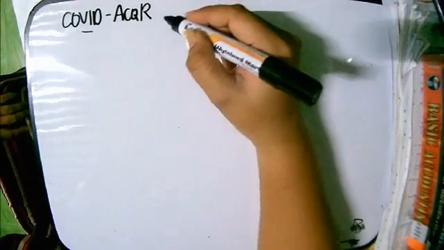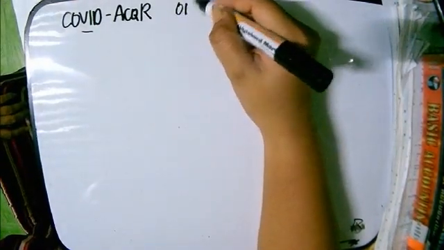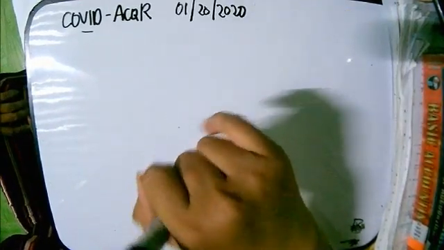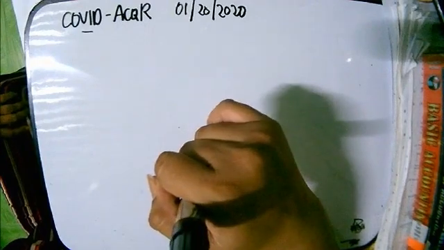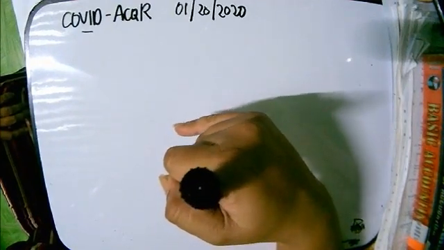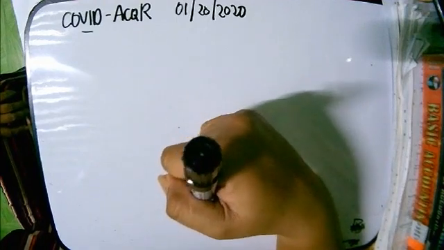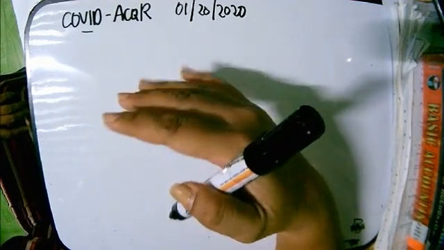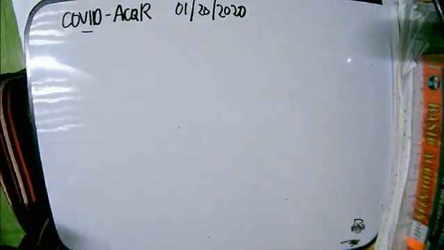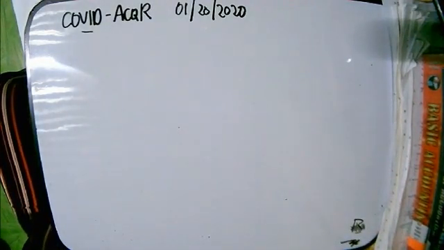Step 2, determine the acquisition date. Yung acquisition date natin is January 20, 2020. Third is recognize and measure the identifiable assets acquired, liabilities assumed, or the NCI in case of stock acquisition.